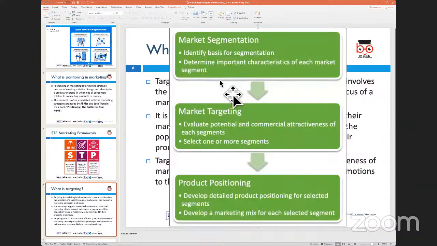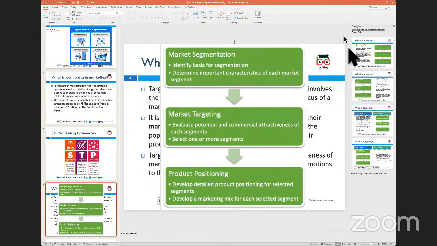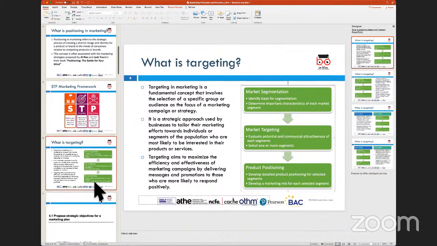And if I bring this across just as an example, what you're going to see is that segmentation, targeting, and positioning go hand in hand. So first, the company needs to understand segmentation, then it will look at the target segment, and then it will look at positioning the advert or the campaigns in such a way which is going to create an effect, or at least connect with the consumer from a point of view of the messaging. And that is why this tends to be very, very important.